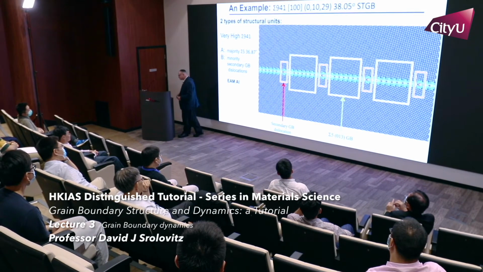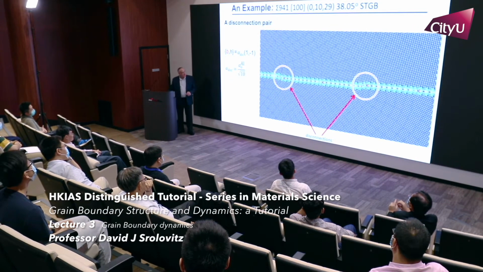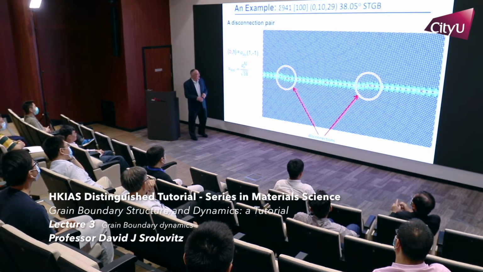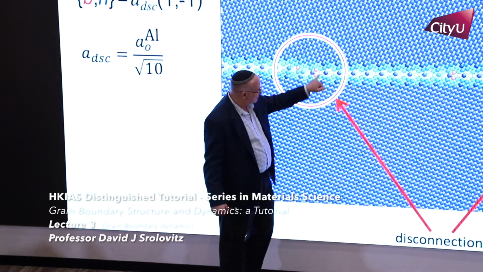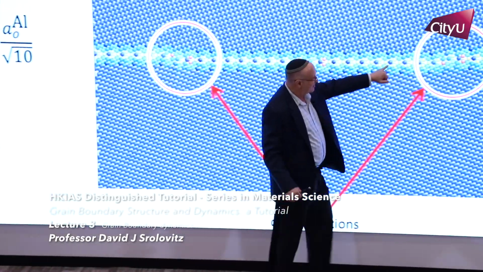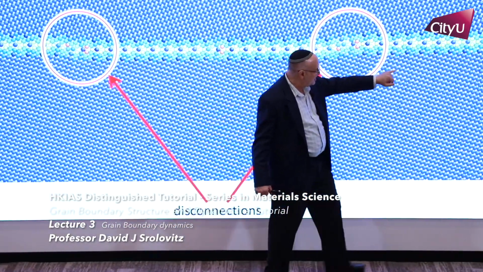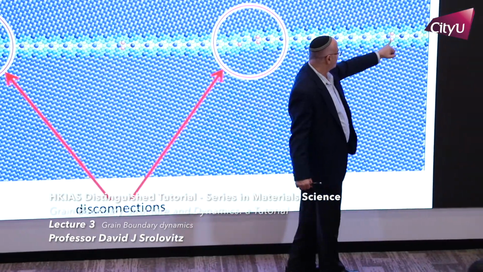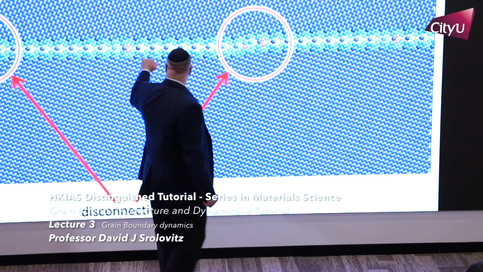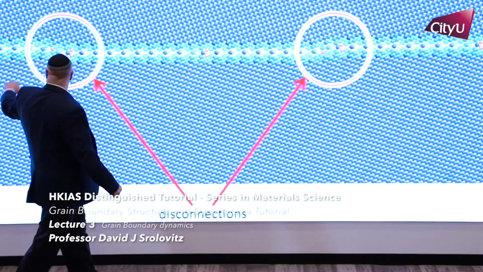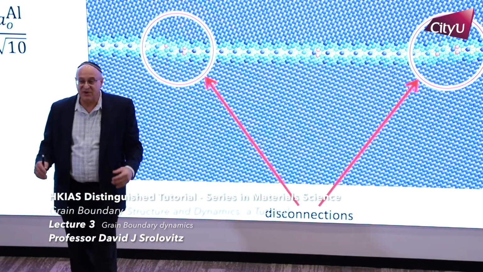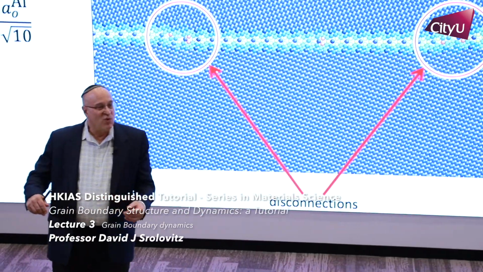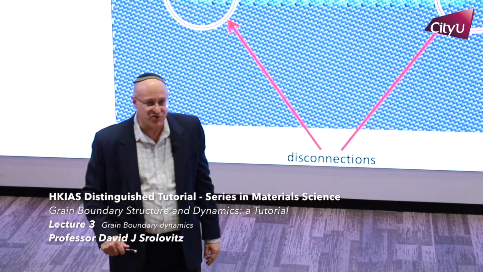Now, I can put a disconnection pair on here. If you look, this is a step down, and here it's a step up. You still see the secondary grain boundary dislocations here. Well, they kind of get lost a little bit. But you put the disconnections on whatever the structure of that grain boundary is.